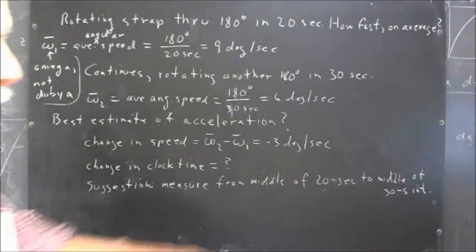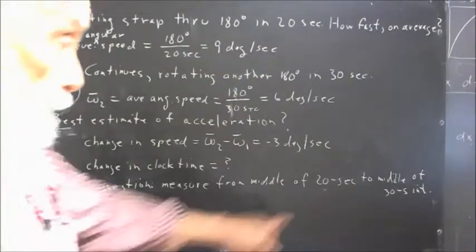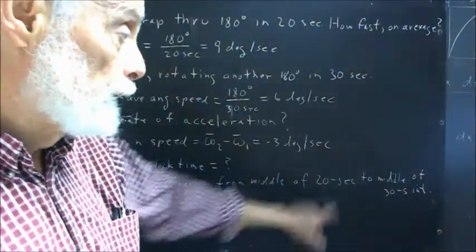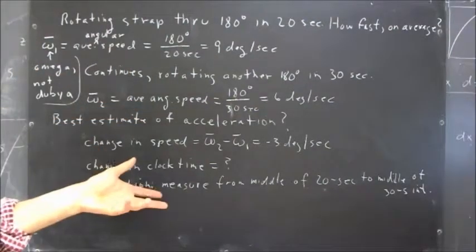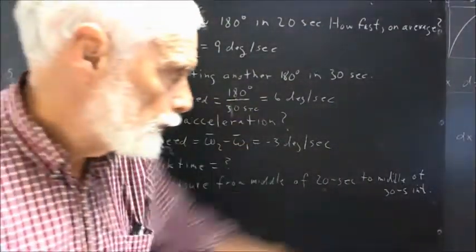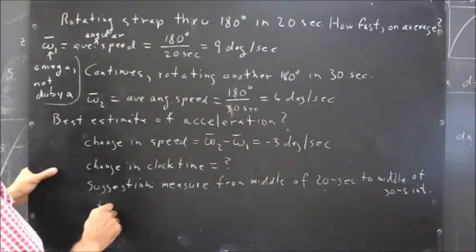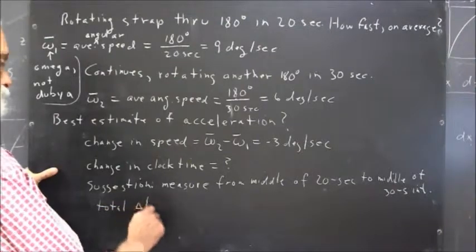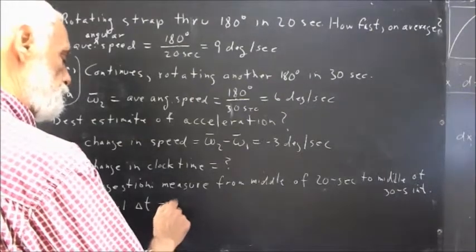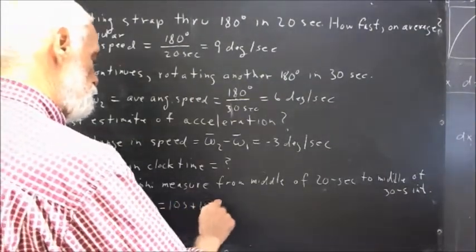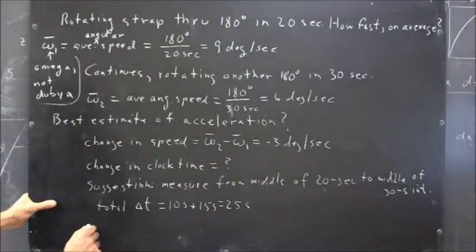And how much time elapses from the middle of the 20-second interval to the middle of the 30-second interval? Well, the 20-second interval lasts 20 seconds, so from the middle of that interval to the start of this 30-second interval is 10 seconds. And then another 15 seconds to the middle of the 30-second interval. Would be 25 seconds.